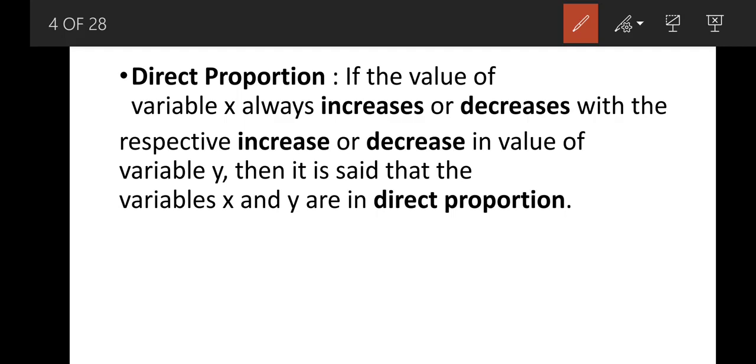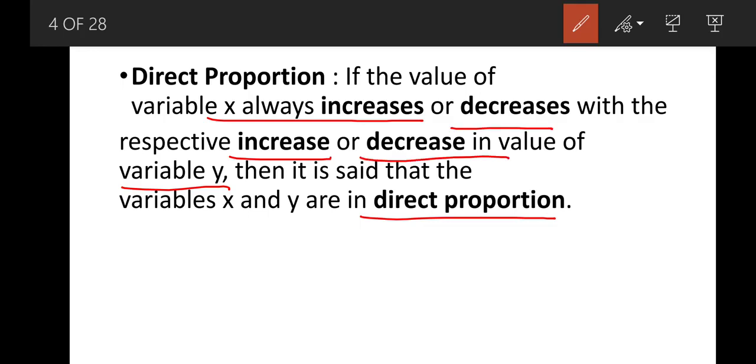It means if the value of variable x always increases, which results in the increase in the value of variable y, then x and y are said to be in direct proportion. Or if the value of variable x decreases, which results in the decrease in the value of variable y, then also x and y are said to be in direct proportion.